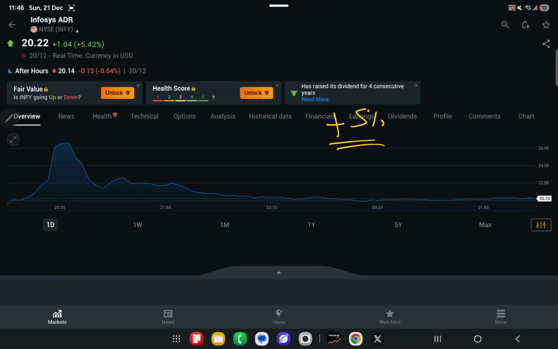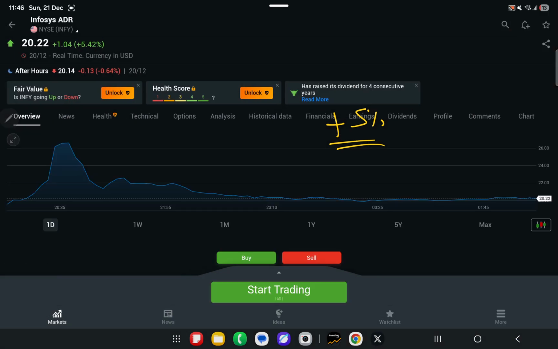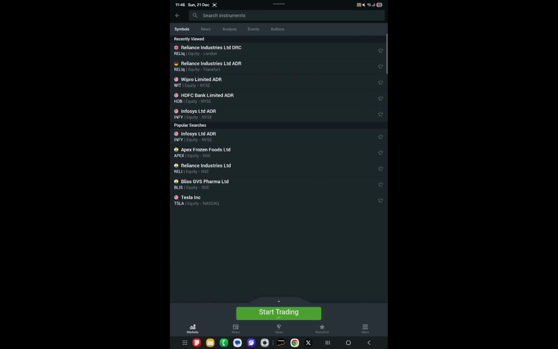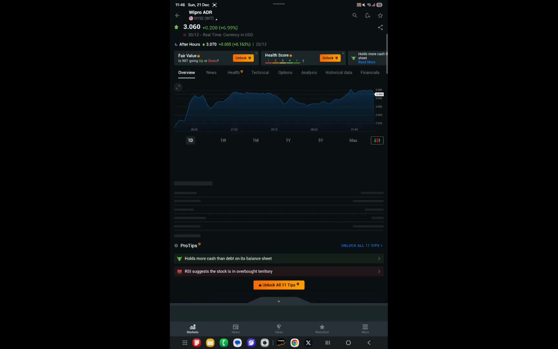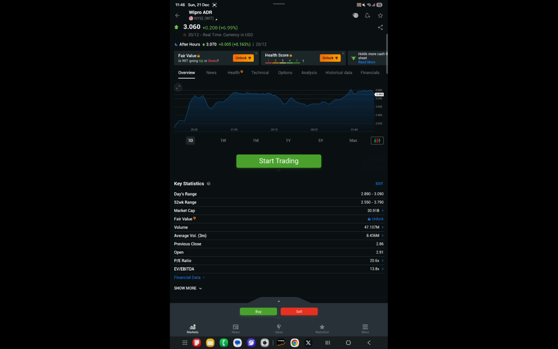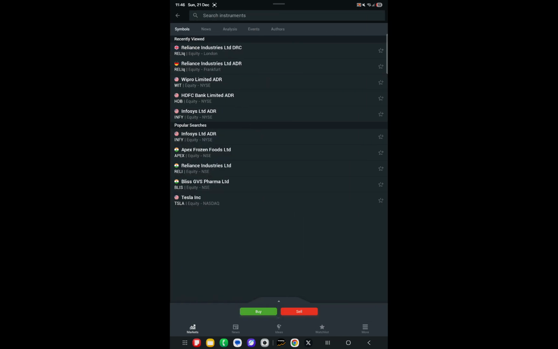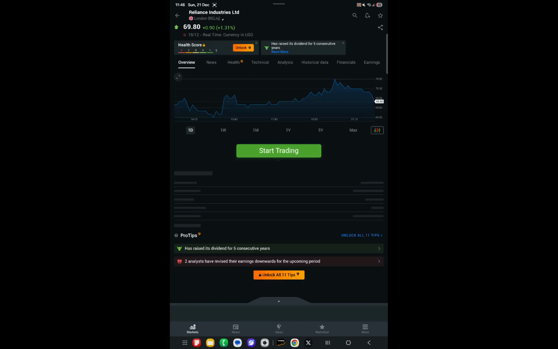But it is not confined to this. Other stocks, I'll show you some of them. Wipro was up by 7%. HDFC Bank was up by 2%. Reliance was up by 1.5%.